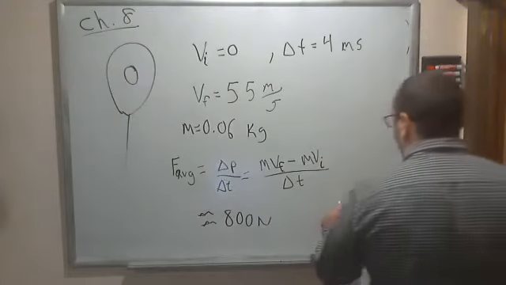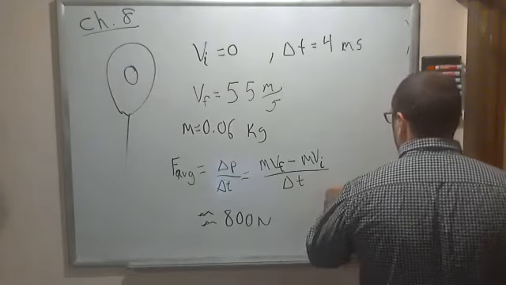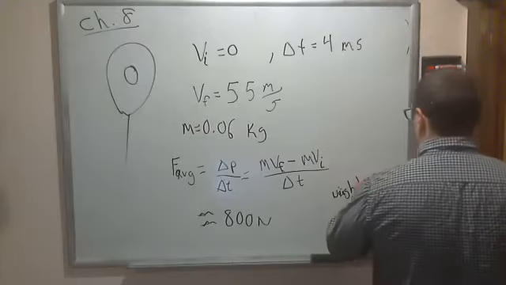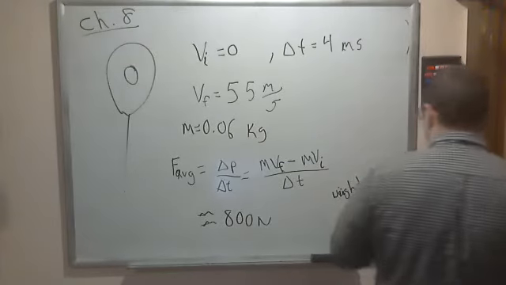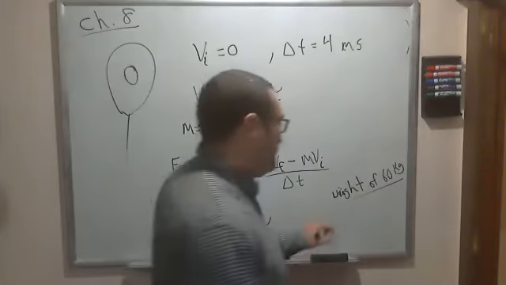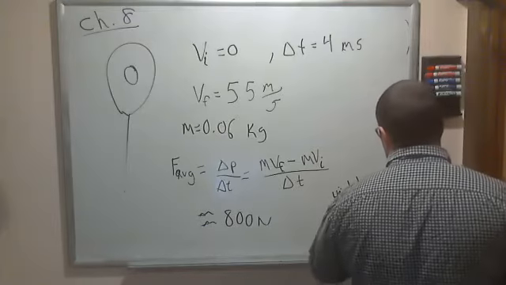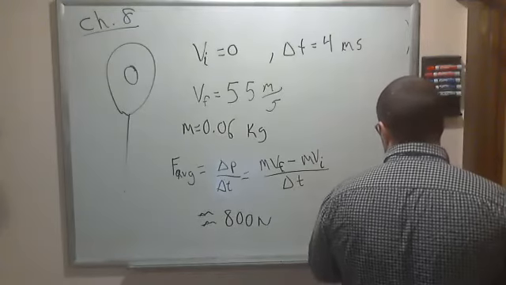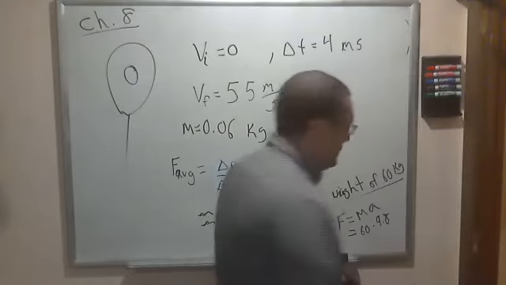The weight of a 60 kilogram person, or this weight of 60 kilograms, doesn't matter if it's a person or not, is equal to the force, which is mass times acceleration, and that's equal to 60 times 9.8 due to gravity.